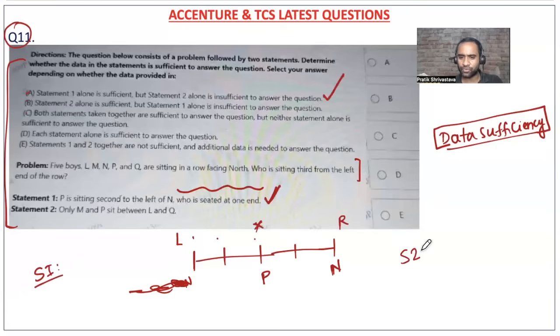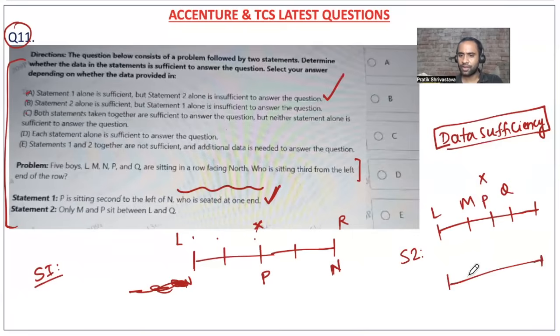Now statement 2. We have 5 people here: 1, 2, 3, 4, 5. Only M and P sit between L and Q. So between L and Q, M and P sit. If it is sitting like this, again we can change the position. L and Q will sit here, and M and P will sit like this, so here people will change.